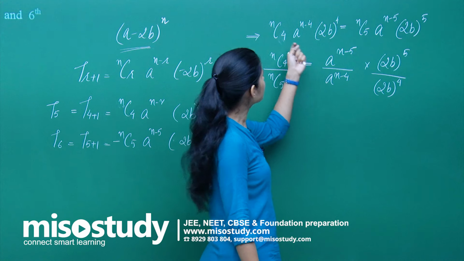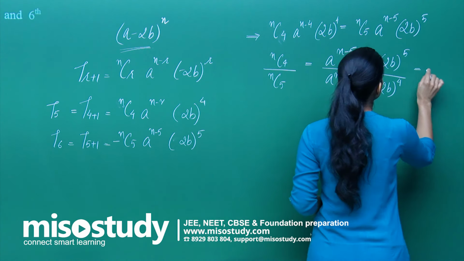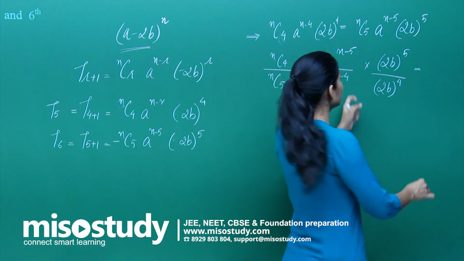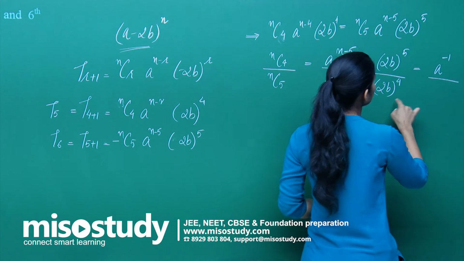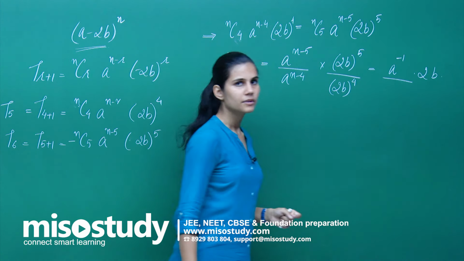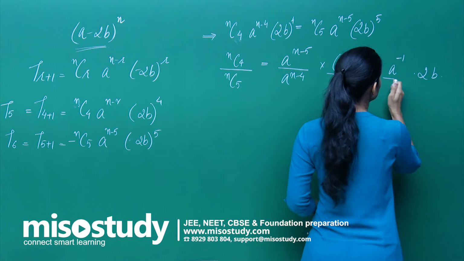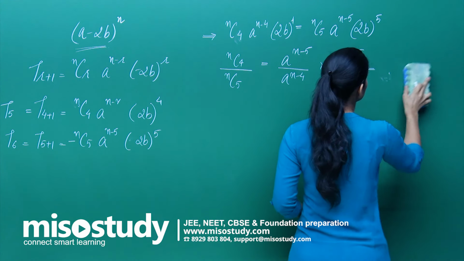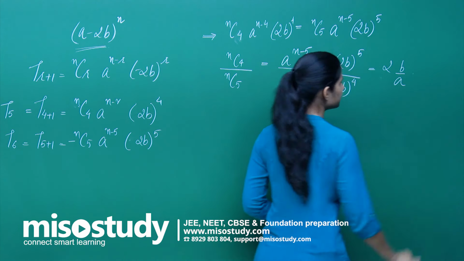Right, so a to the power n minus 5 upon a to the power n minus 4, and 2b to the power 5 upon 2b to the power 4. This gives you a to the power n minus 5 minus n plus 4, which is a to the power minus 1, into 2b. Because 2b to the power 4 gets cancelled, you're left with 2b, which eventually gives you, let's see, 2 times b by a.